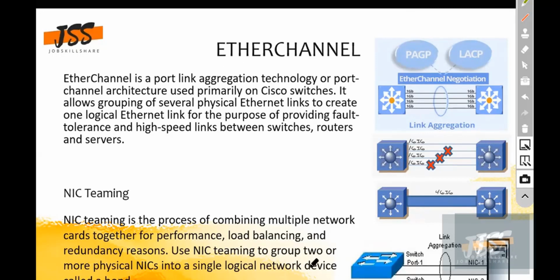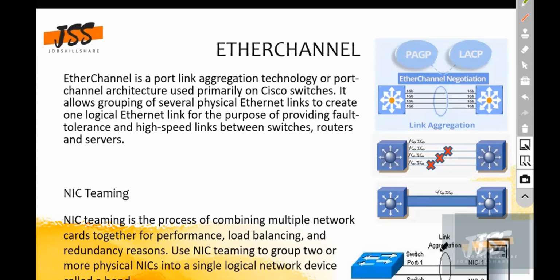So if we take the same concept in our Windows environment, you have come across many occasions that your Windows machine has multiple network interface cards, as you can see here, and they need to be connected to the switches. And we want redundancy here as well. For example, if we have only a single cable and if it is down, you can assume that we will be unable to reach this server.